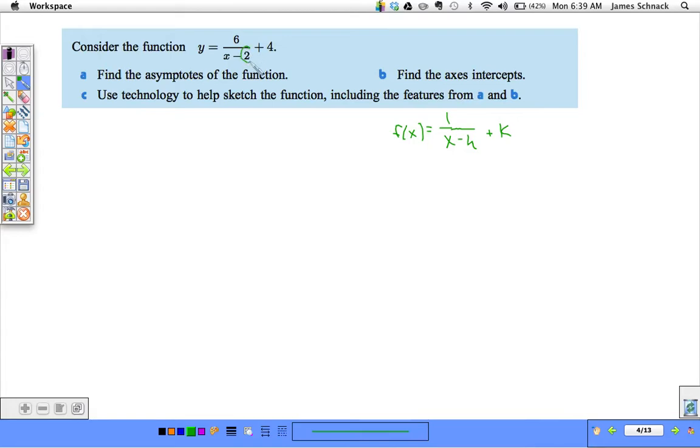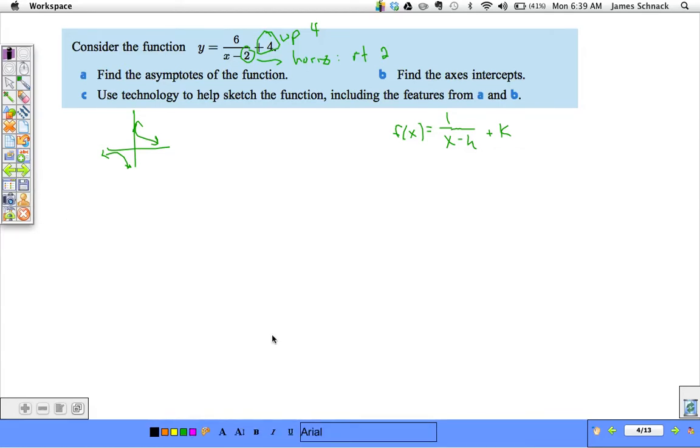So this 2, the fact that it's minus 2, means that there's a horizontal shift of right 2 units. And this plus 4 tells me I'm moving up 4. So this hyperbola that was like that is now having to shift up 4 and to the right 2.